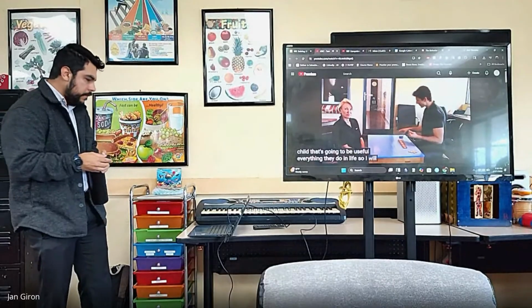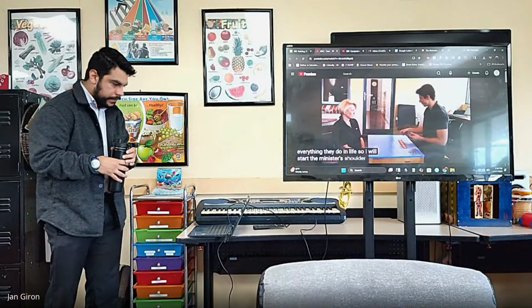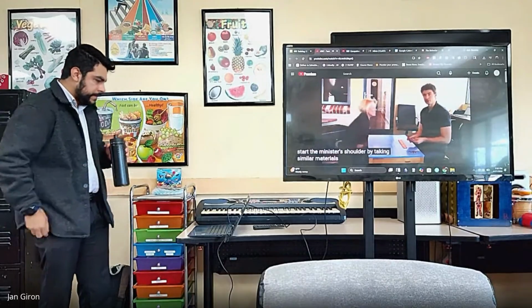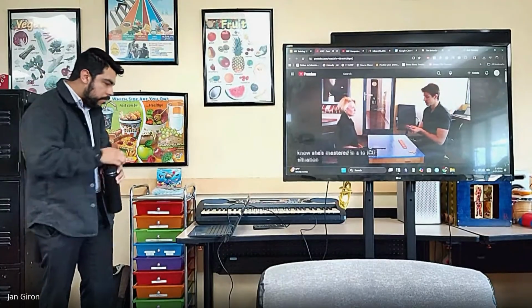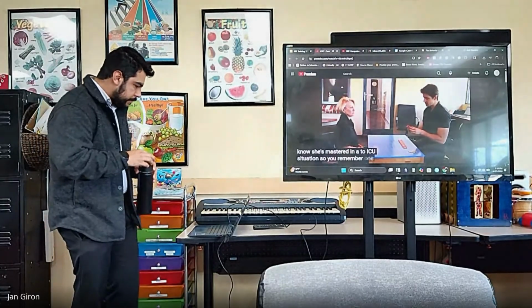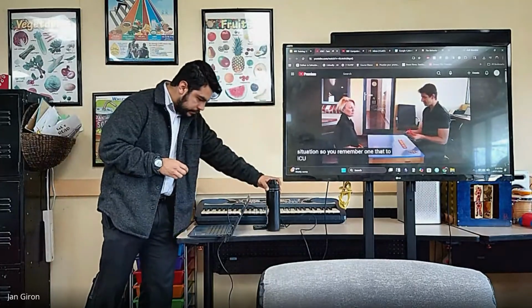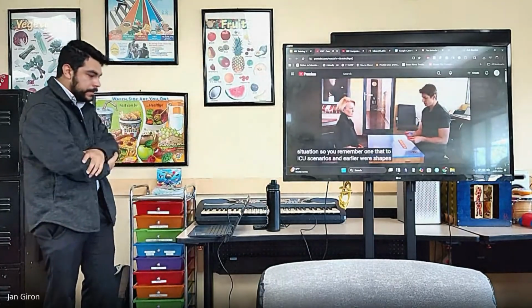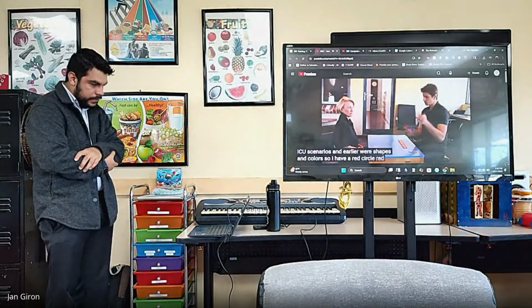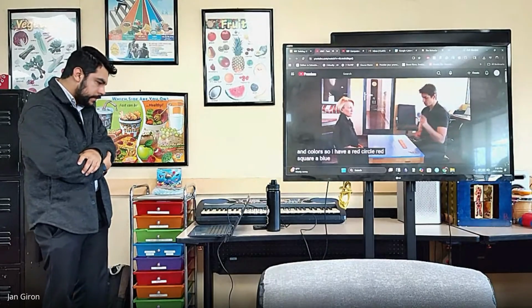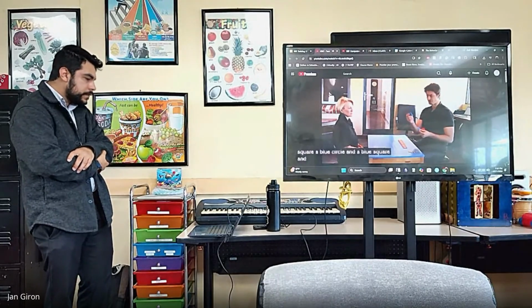So I'll start doing this with Sheldon by taking similar materials to something that I know she's mastered in a 2 ICU situation. If you remember, one of our 2 ICU scenarios from earlier was shapes and colors. So I have a red circle, a red square, a blue circle, and a blue square.